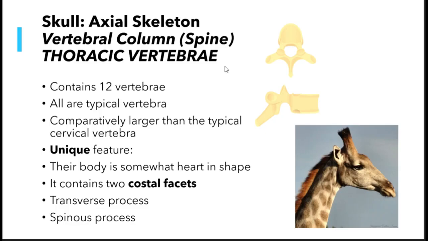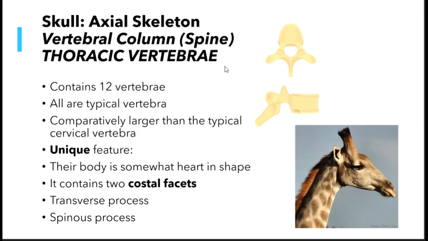That's what makes it unique. In your thoracic vertebrae, you have the so-called costal facets on each side. These costal facets are the articulating surfaces which accept the head of the ribs attaching to it.